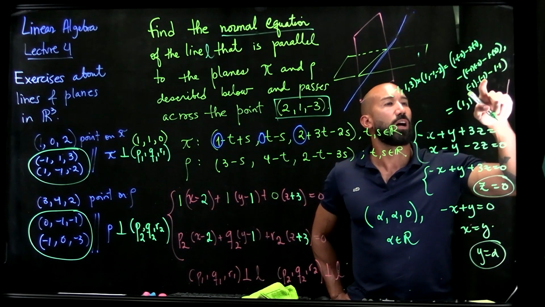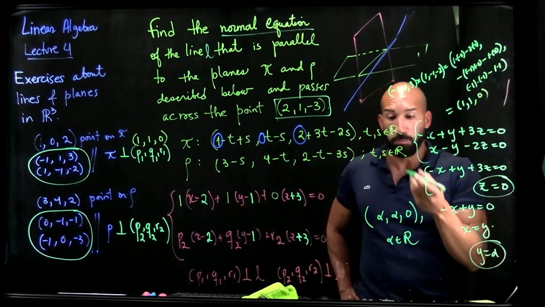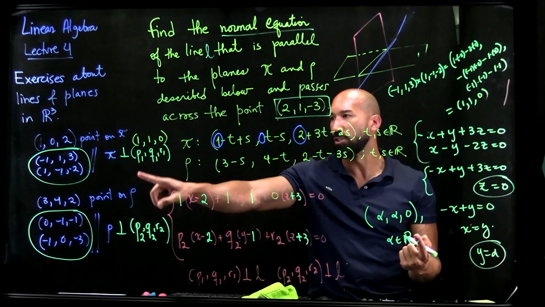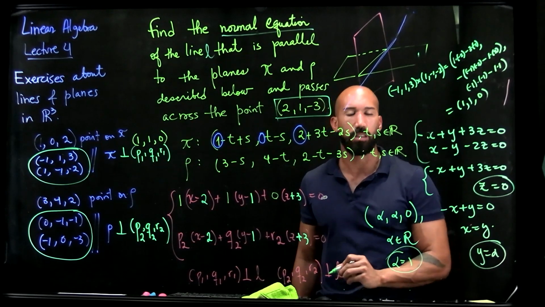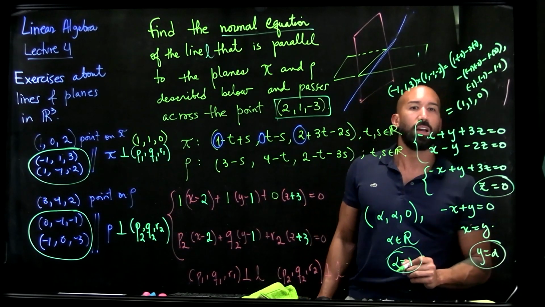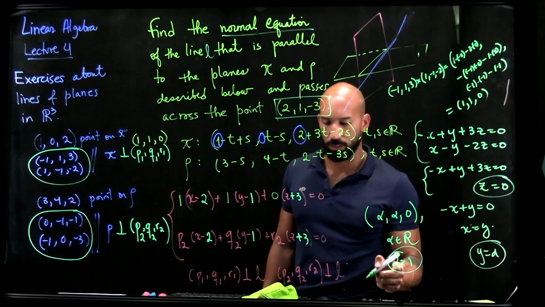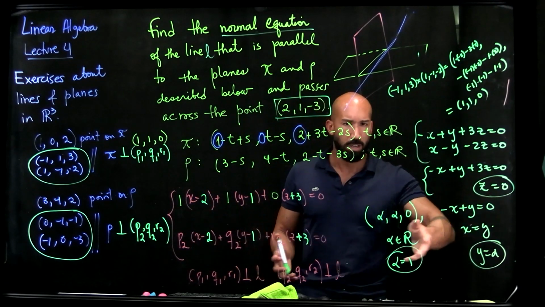Minus 1 times minus 1 is positive 1. 1 times 1 is 1. 1 minus 1 is 0. So you see, well, the cross product is here. It's exactly the one that I chose. It's exactly the one that we get for the value 1 if we assigned the value 1 to the parameter. So you see, that's it.